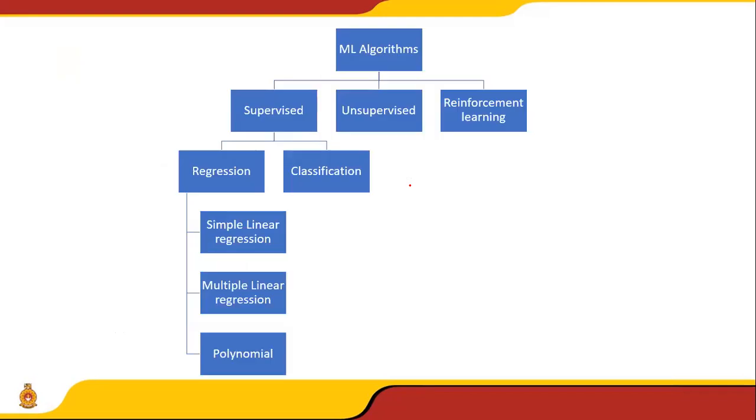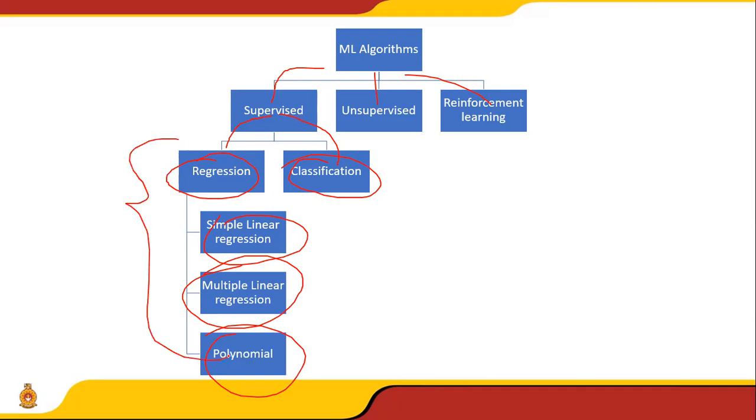In general, this story of machine learning algorithms, again I'm telling, supervised learning, unsupervised learning, we have reinforcement learning. Supervised learning, we can divide into mainly two types of problems that we can solve using supervised learning. One is regression, the other one is classification. Under regression, we have simple linear regression, multiple linear regression, polynomials and stuff, but I'm not going to discuss all of these things in detail.